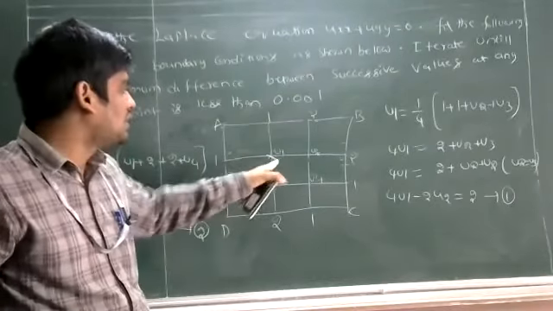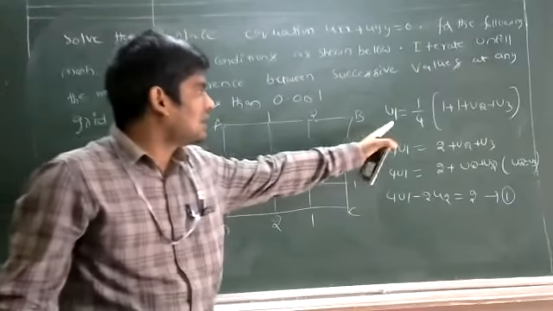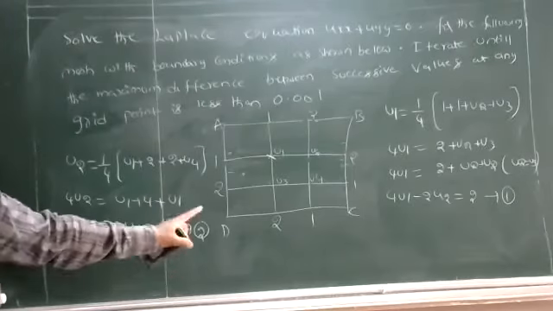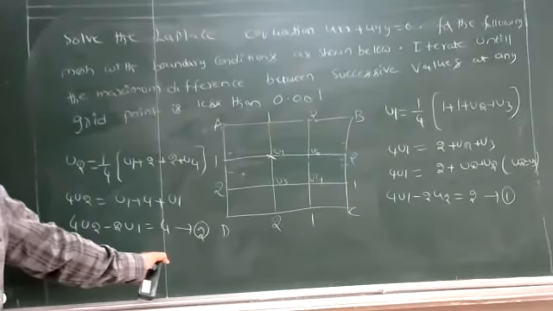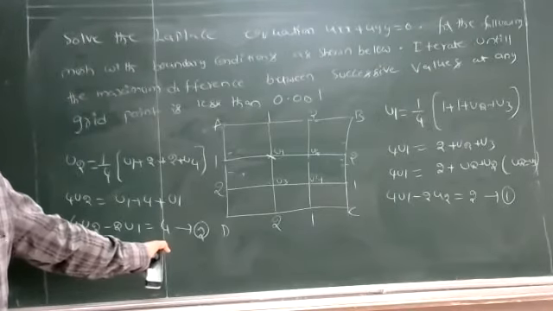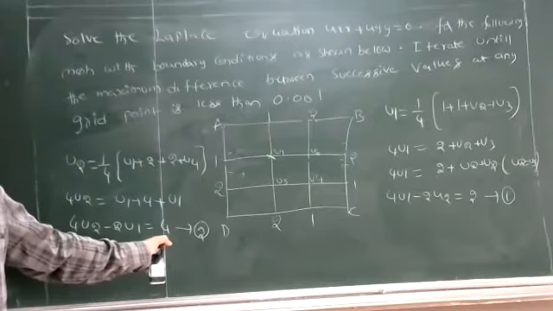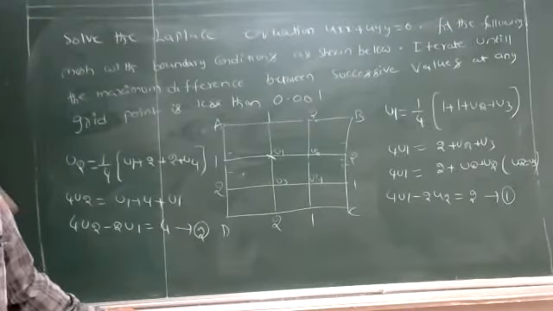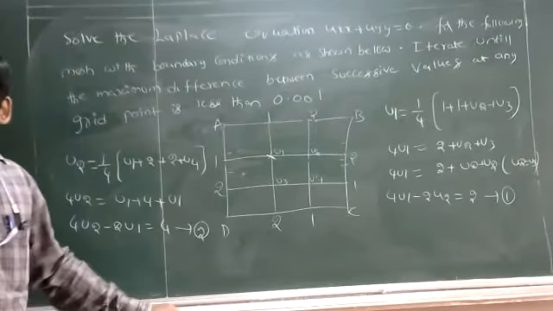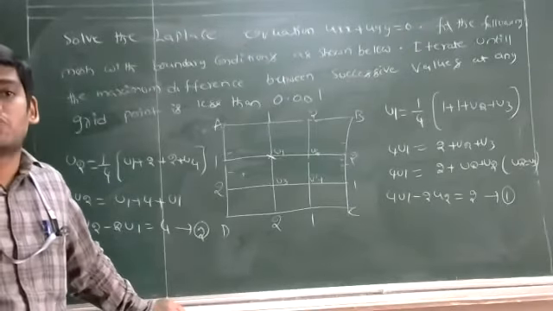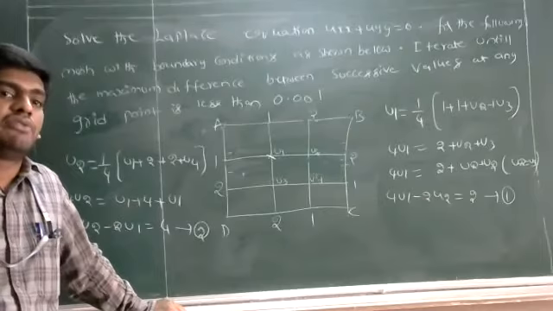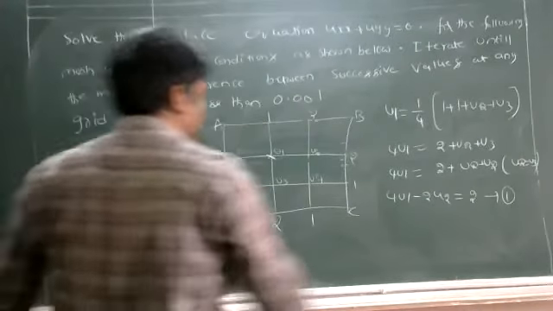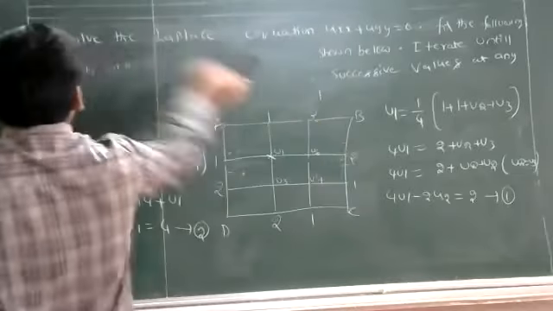Because of that we get the relations in u1 and u2, equation number 1 and 2. By solving these two equations, you will get the values of u1 and u2. Once you know them, automatically you know the values of u3 and u4. So these are the rough values. Here the important task is to evaluate the rough values; once you get them, it is very easy.